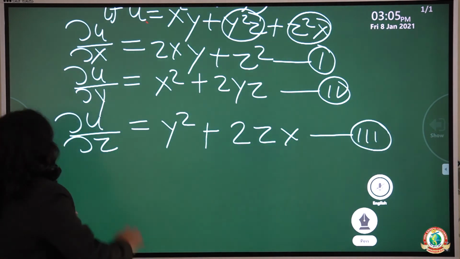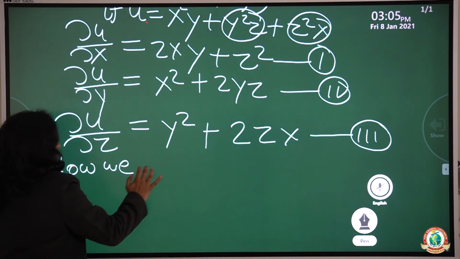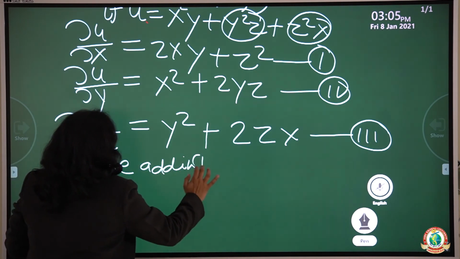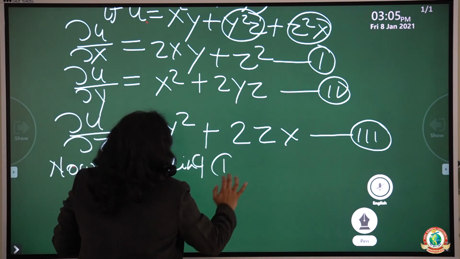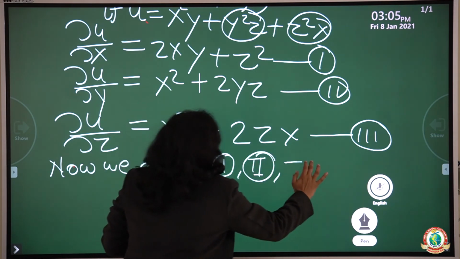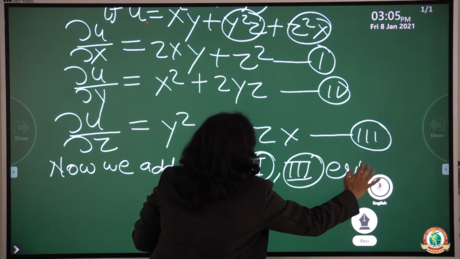Now we add the first, second and third equations.